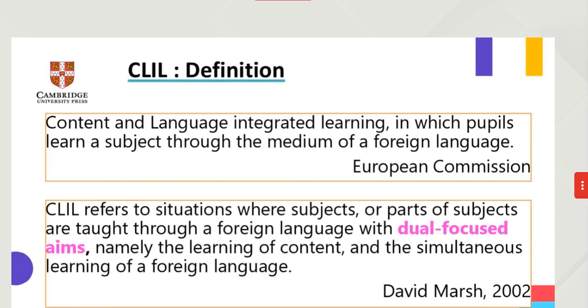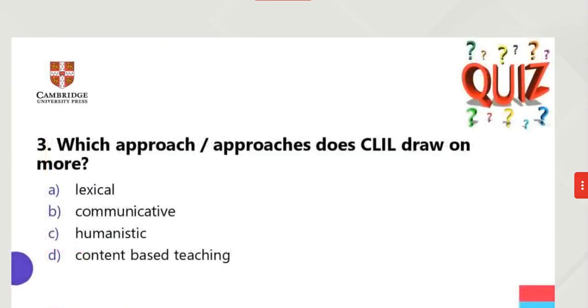So let's move on to the next question. Which approach or approaches does CLIL draw on more? A, lexical, B, communicative, C, humanistic, or D, content-based teaching? If you'd like to type in the chat box, A, B, C, or D.